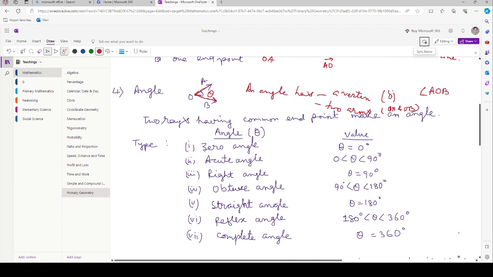Now we are coming to the types of angle according to the measurement. First of all, zero angle.